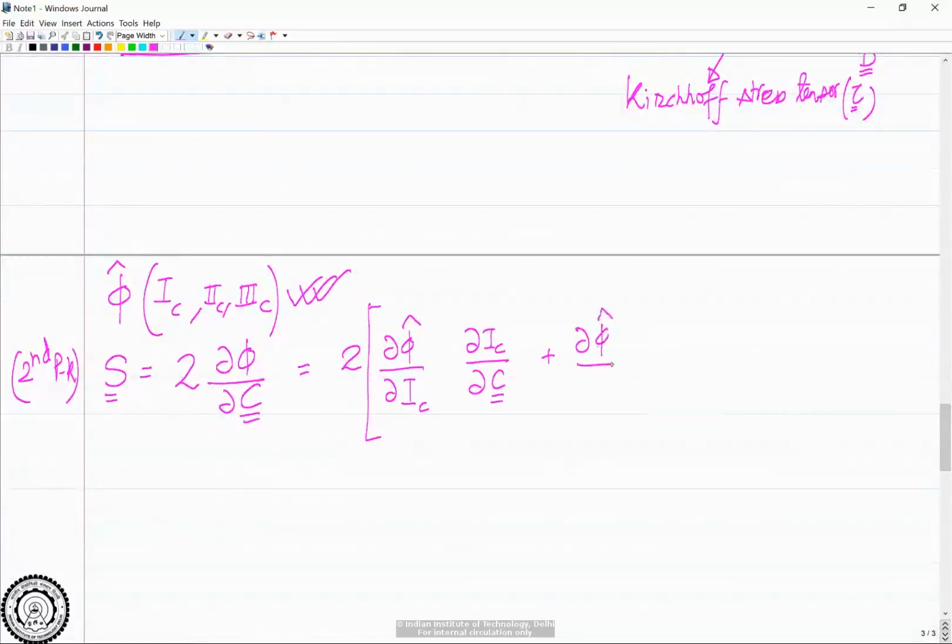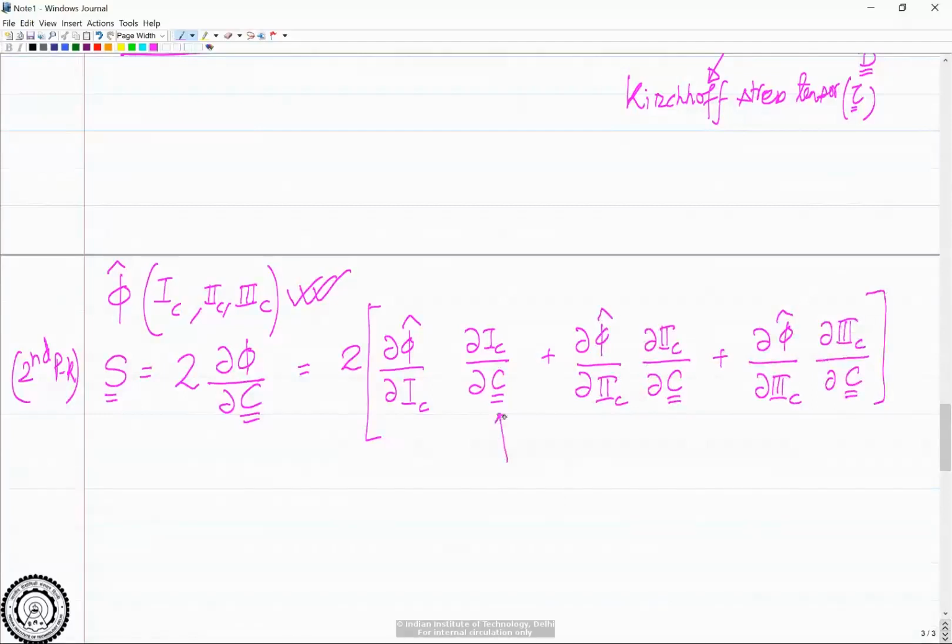Plus del phi hat over del II_C into del II_C over del C. Plus del phi hat over del III_C into del III_C over del C.